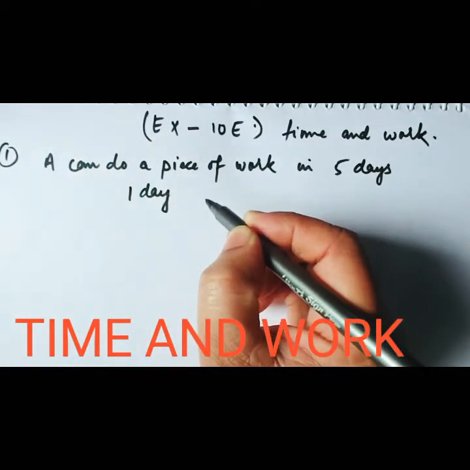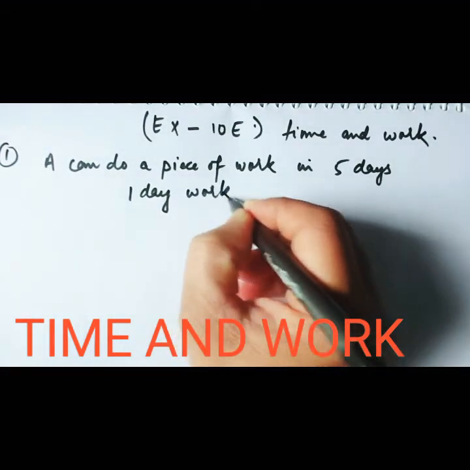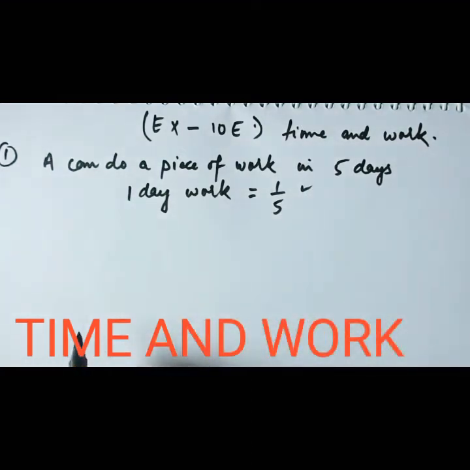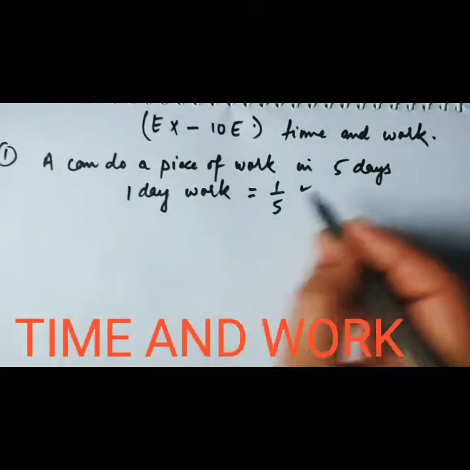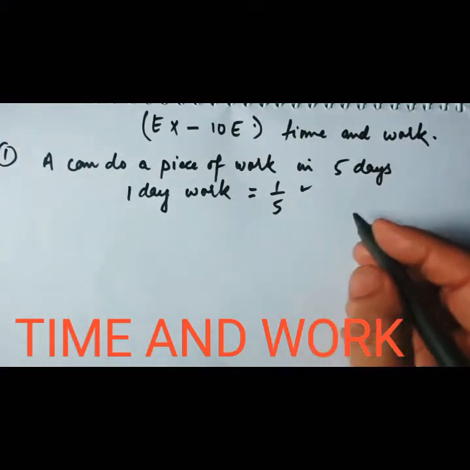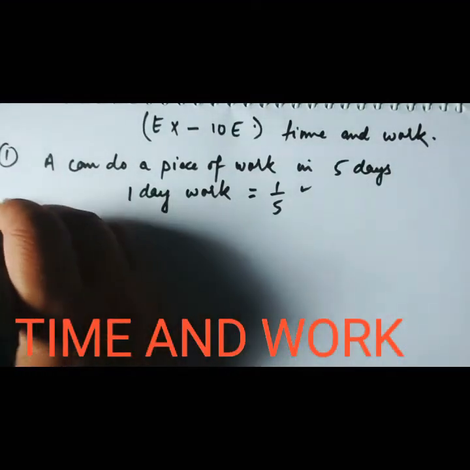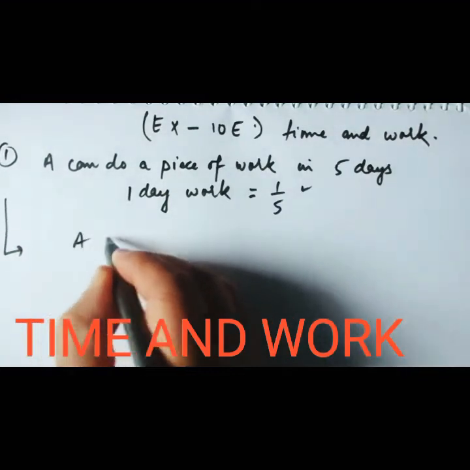It is very natural, 5 times less. So 1 day work will be equal to 1 by 5. Very simple. Clear? A can do a piece of work in 5 days, so 1 day work will be 1 by 5. Means 5 times less.